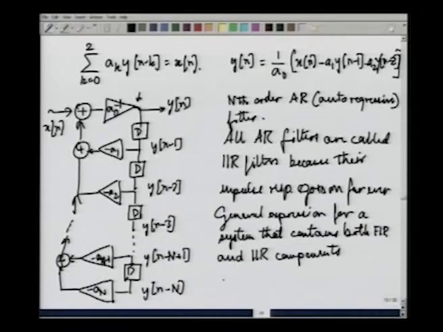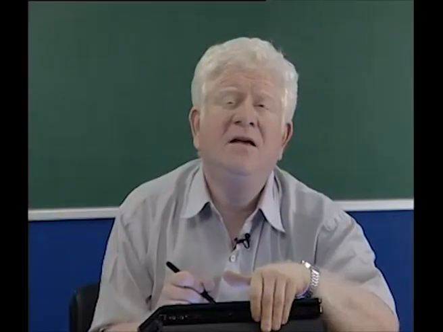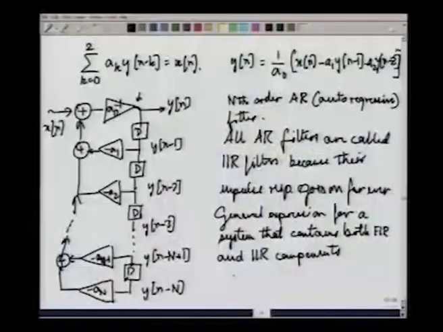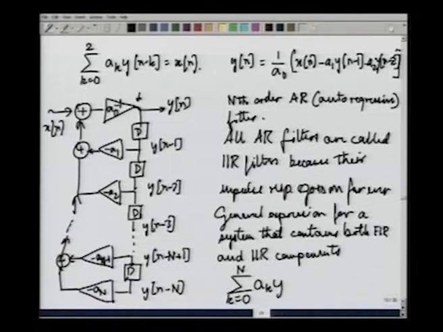On the left side, we would have the part that is like the left side of a difference equation, summation k equals 0 to capital N, a k y n minus k, and this would be equal to a similar weighted sum of past values and the present value of x n.